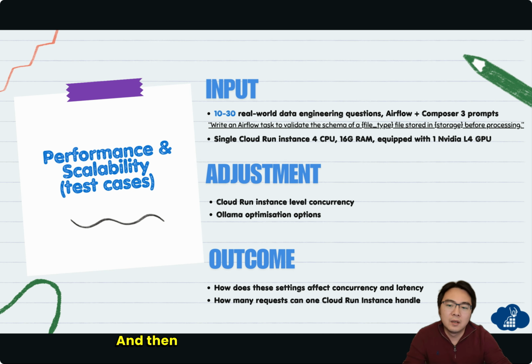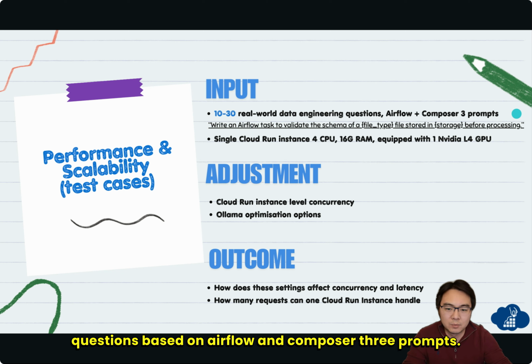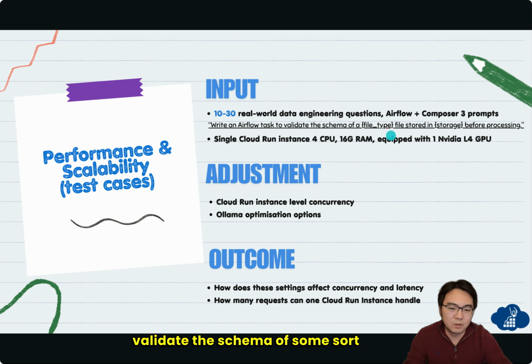So I put these test cases together and ran some concurrency tests to see if it's able to produce good results with good response time if I give it something relatively complex. It's not just a hello world. In this case, I've got variations where, as input, I give it 10 to 30 real-world data engineering questions based on Airflow and Composer 3 prompts, such as: write an Airflow task to validate the schema of some file type stored in storage before processing.